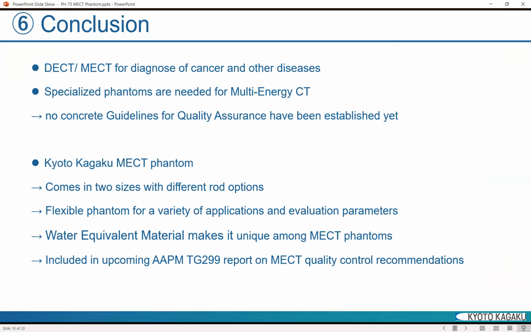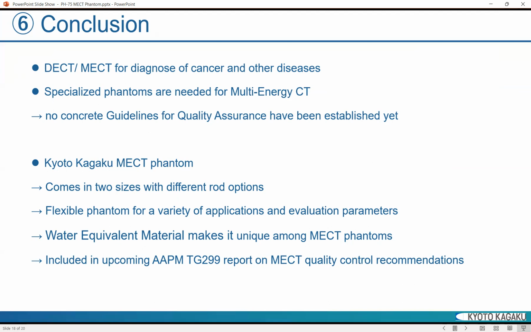So now we come to the end of the presentation with the conclusion. Dual energy CT devices are used for diagnosis of cancer and other diseases, and specialized phantoms are needed for those devices for quality assurance, as an example. But no concrete guidelines for quality assurance have been established yet.